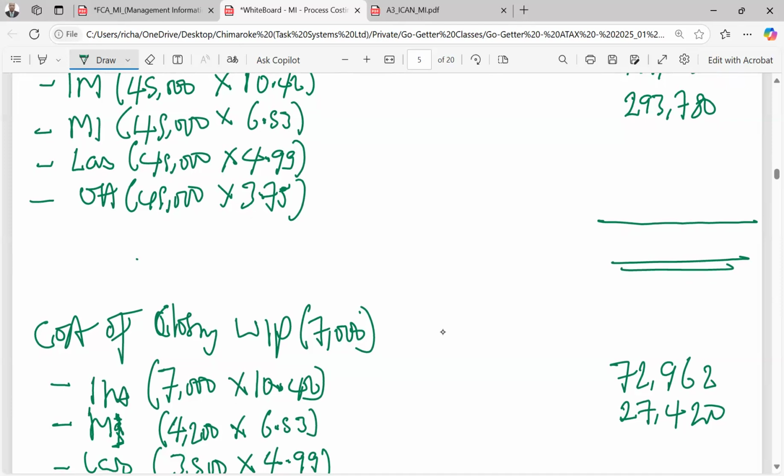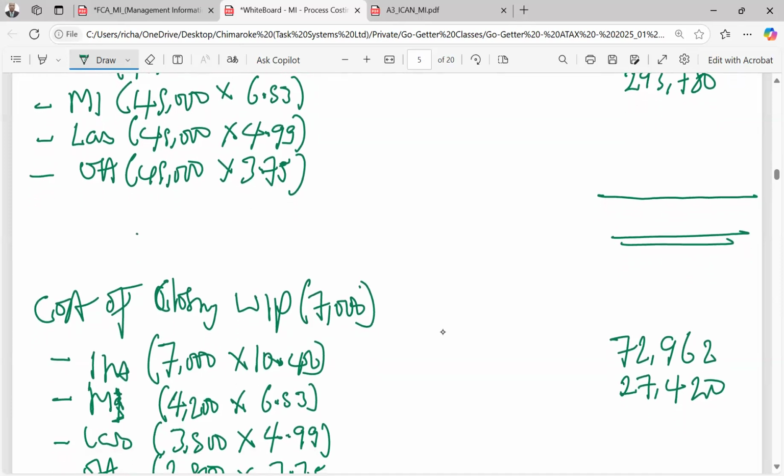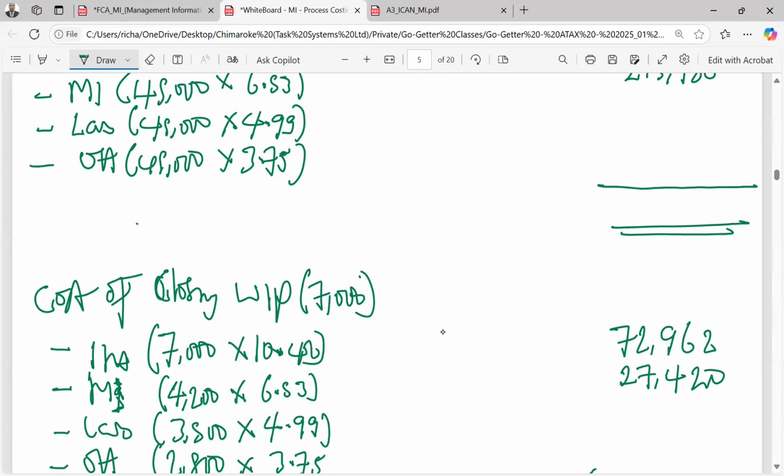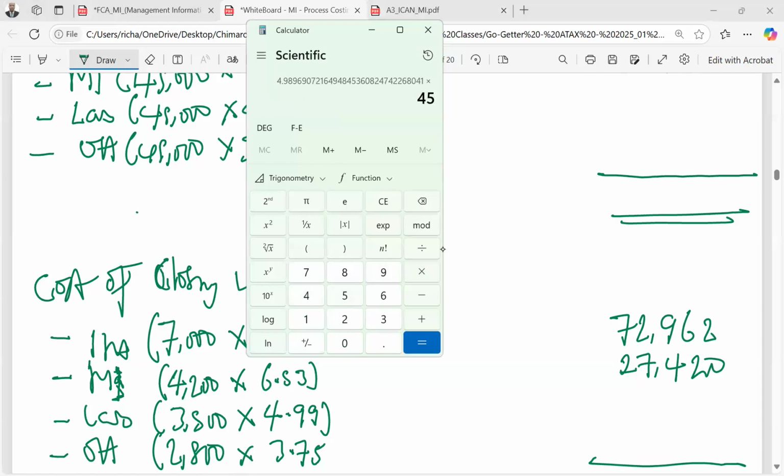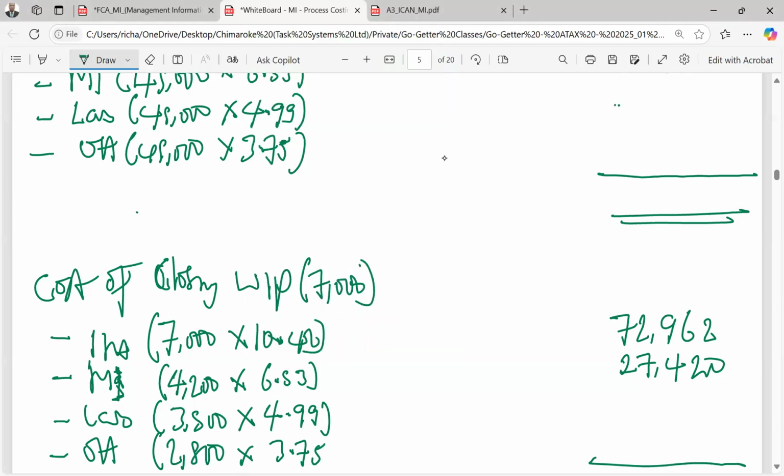So we have it here, 4.99. We multiplied by 45,000. Gives you 224,536.